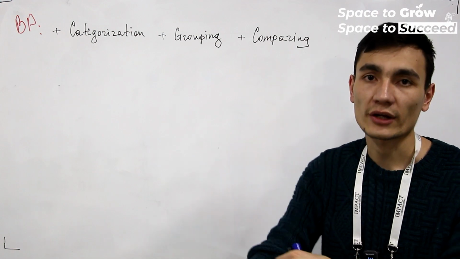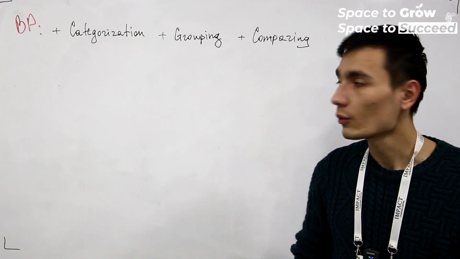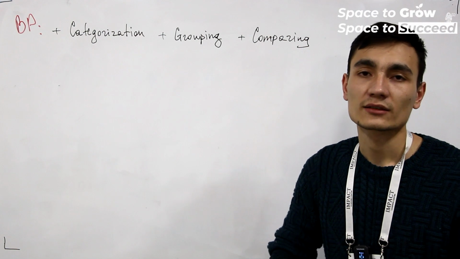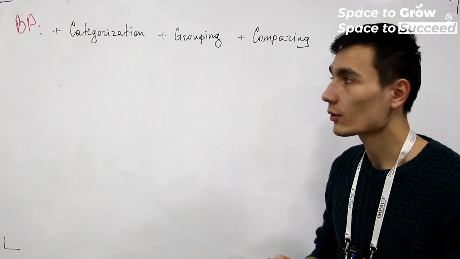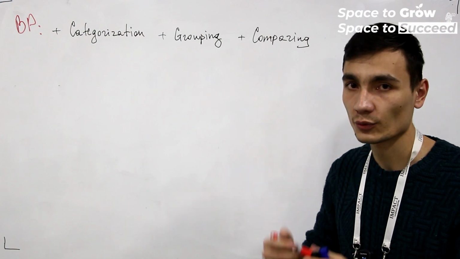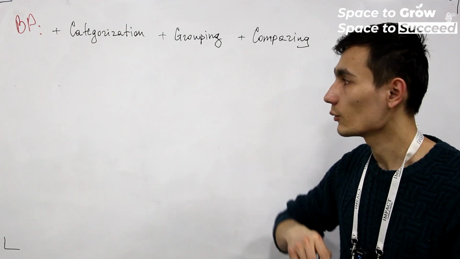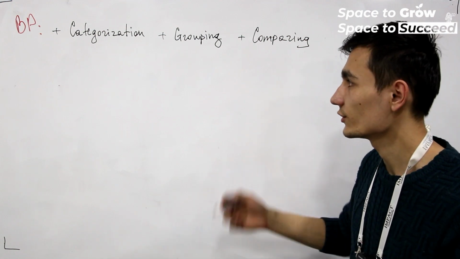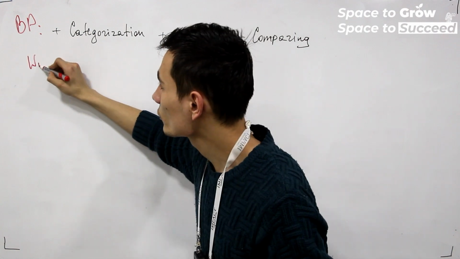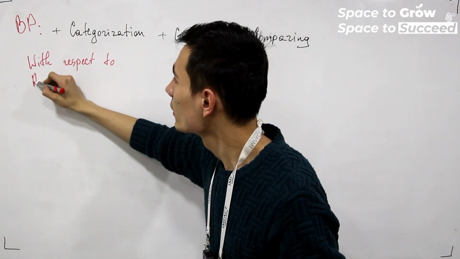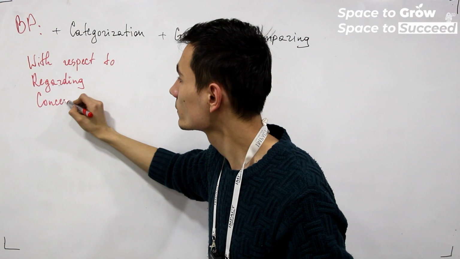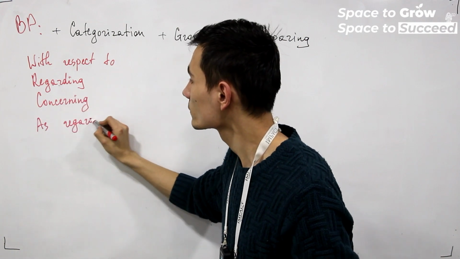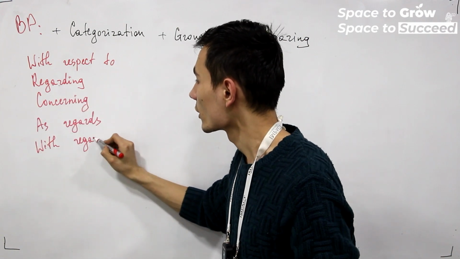So when we are categorizing, as you saw, we had some beginning structures in the introduction and in the summary, and in our body paragraph also we have beginning structures that you have to memorize, and we use a red marker to state them. They are: with respect to, regarding, concerning, as regards, and with regards to.